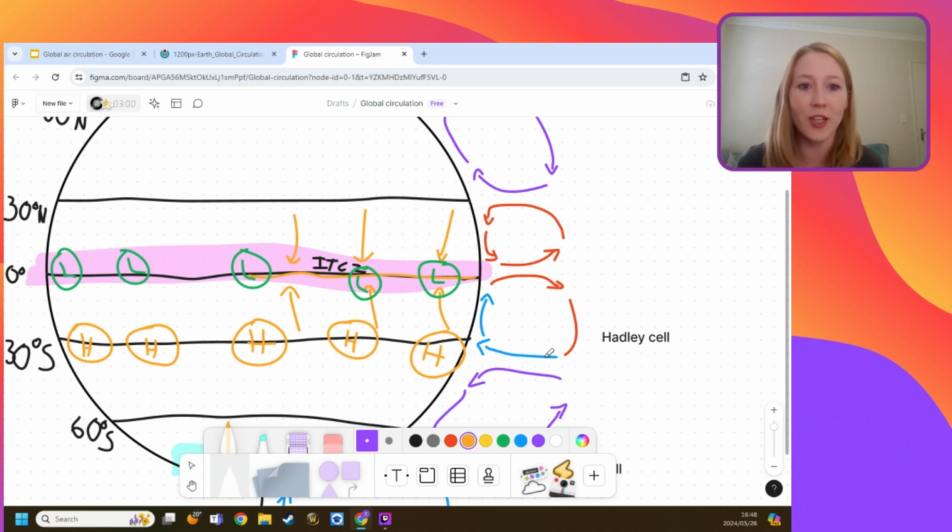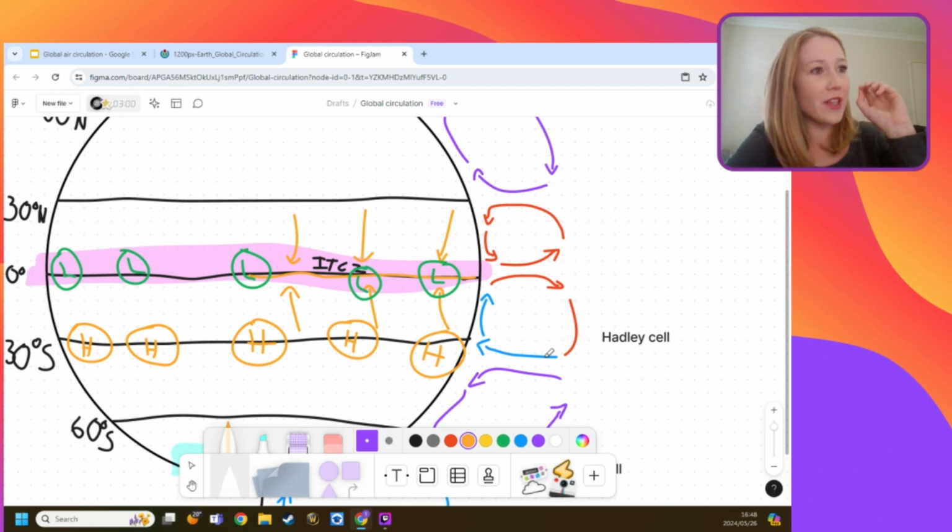We have our line of high pressure cells. So the low pressure cells over the equator, those are your tropical low pressure.